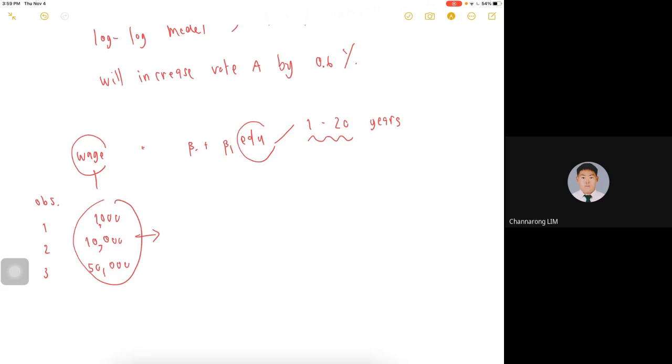Maybe you can just divide it by 1,000. So here the first observation will be 1, the second will be 10, and the third will be 50, because you already divided by 1,000. You already transformed the unit of it. So here it will be just dollar, but once you multiply it with 1,000, this one will be $1,000 instead. That will be the unit of it.